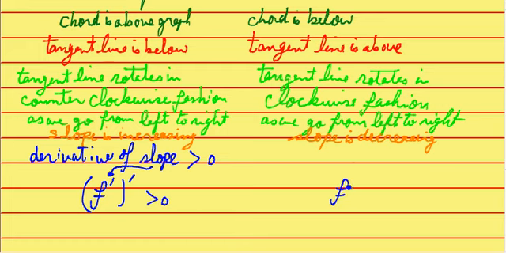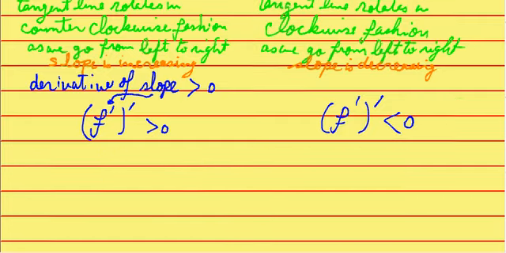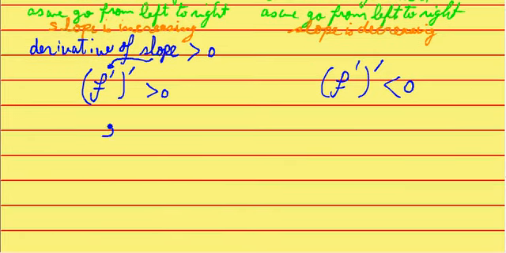Here we have the derivative of the derivative is negative. Finally, here's our holy grail. Second derivative of the function is positive in this case. Second derivative of the function is negative in this case. That is our discovery of the day.